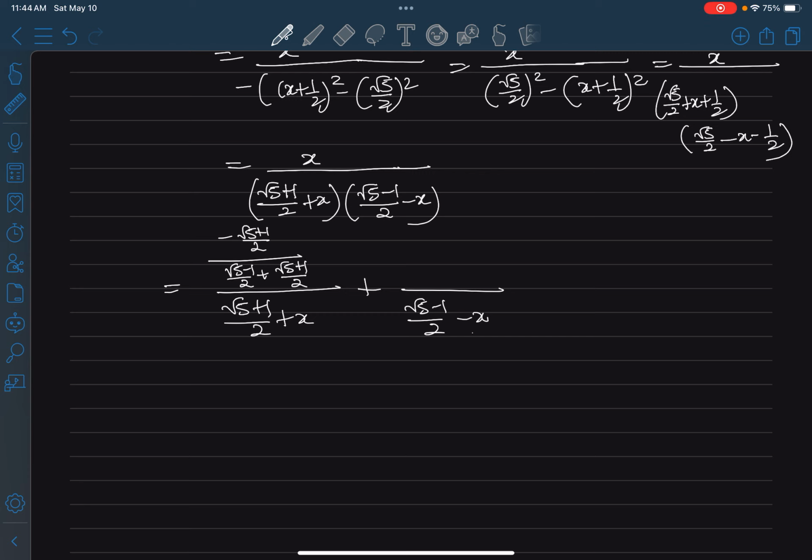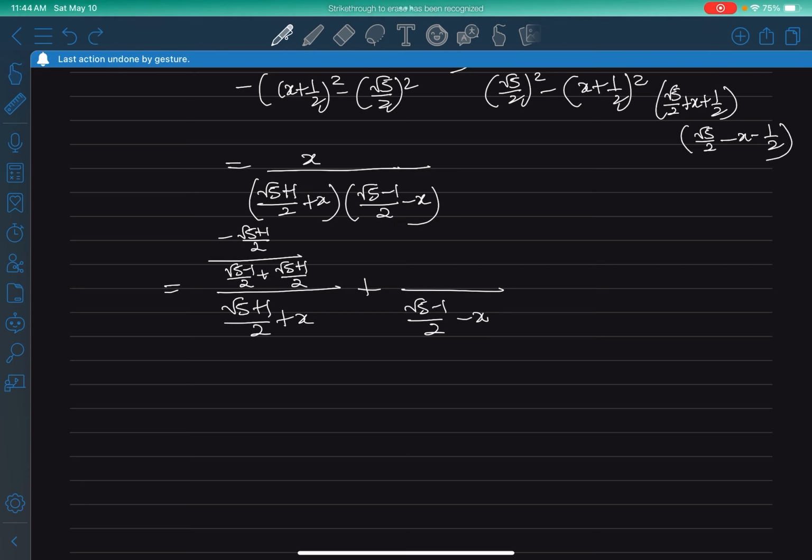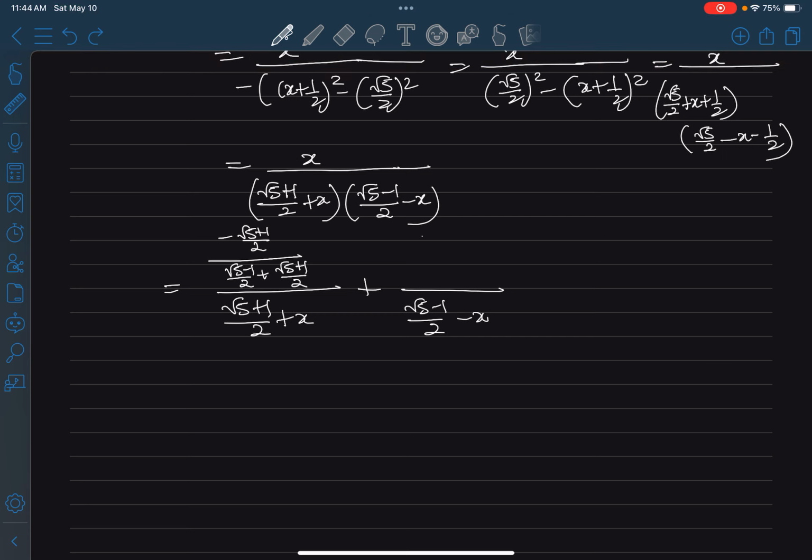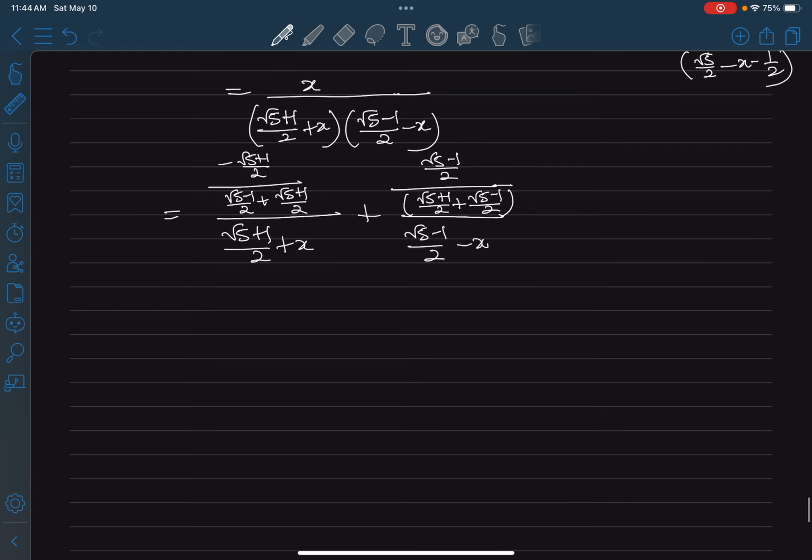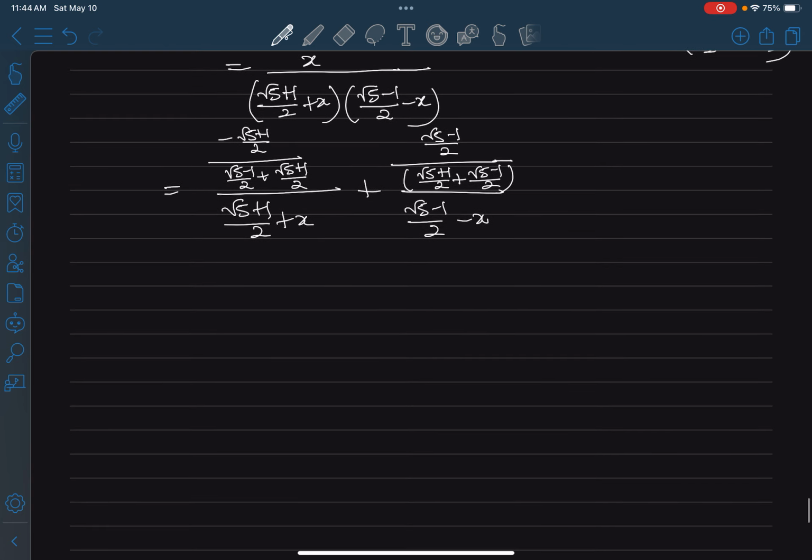Okay. Similarly, this is 0 if x is root 5 minus 1 by 2. So I will cover this up and substitute the other x, right? Root 5 minus 1 by 2 divided by root 5 plus 1 by 2 plus root 5 minus 1 by 2. Now this gives me, in the denominator, 2 root 5 by 2, so that means 1 by root 5.